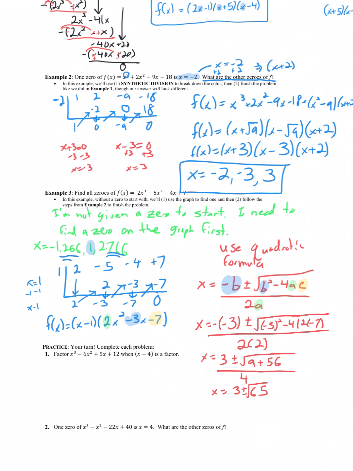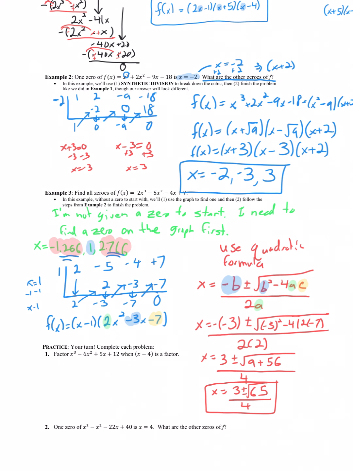So what I'll end up getting is a weird number here. X equals 3 plus or minus square root of 65, over 4. And it turns out if I were to put 3 minus square root of 65 divided by 4 into my calculator, I would get -1.266. And if I put 3 plus square root of 65 divided by 4 in my calculator, I'd get 2.766.